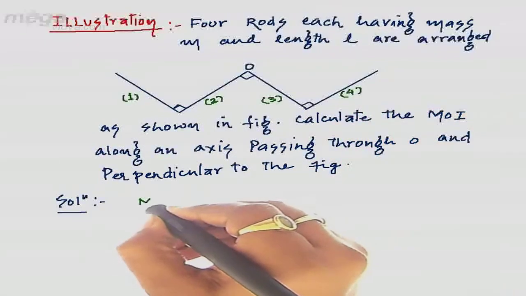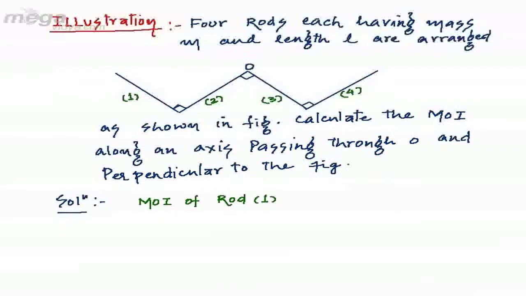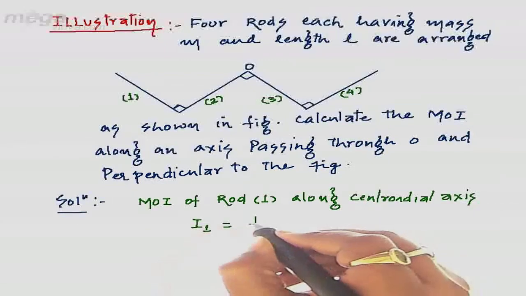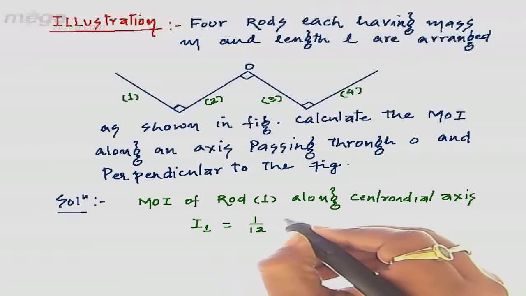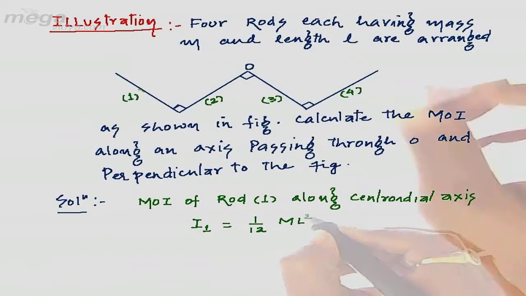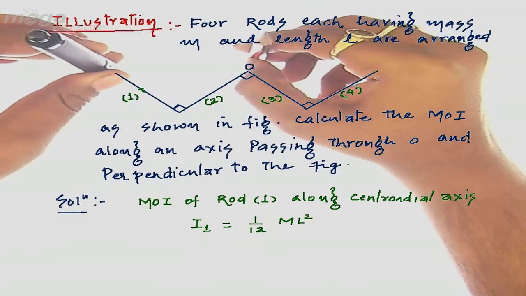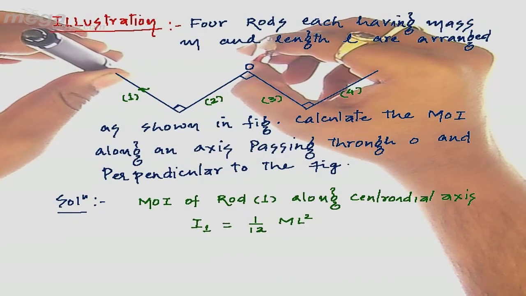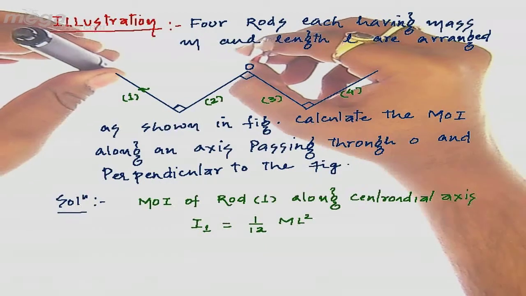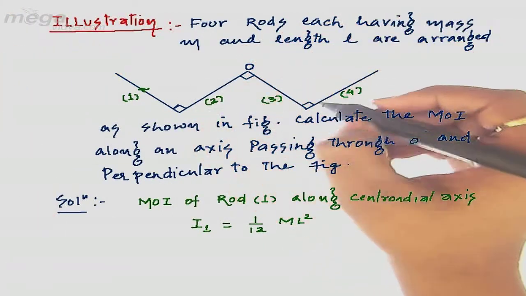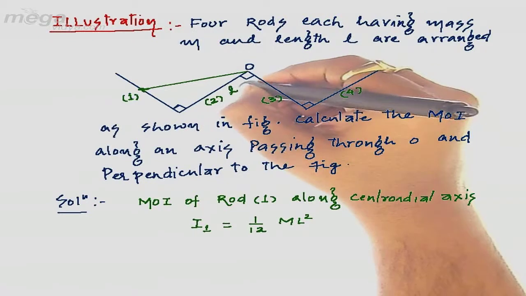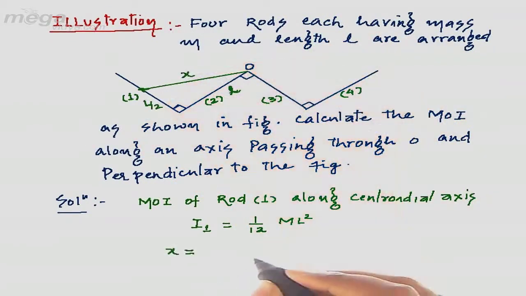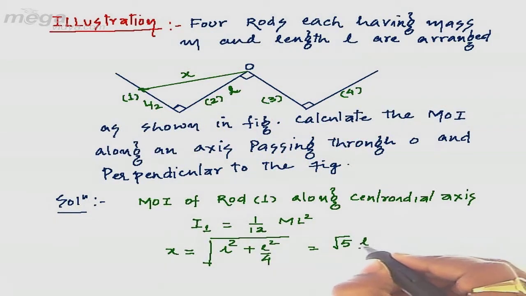The moment of inertia of rod first along its centroidal axis can be given as 1 upon 12 m L square, as you have studied earlier. Since this given axis is parallel to the axis passing through point O, for the moment of inertia of the rod along the axis passing through O, firstly let's calculate the distance. It will be equal to L, and L by 2, so x can be written as root 5 L upon 2.